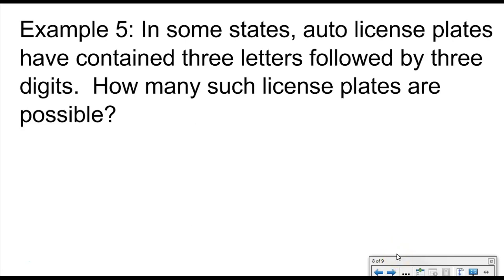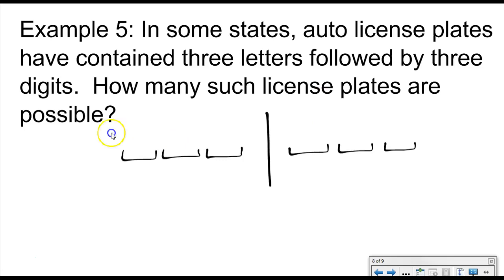In some states, auto license plates have contained 3 letters followed by 3 digits. How many such license plates are possible? So, 3 letters followed by 3 digits. It says nothing about not repeating or what I have to start with. There are 26 letters in the alphabet, so I do 26, 26, 26 times 10, 10, 10.